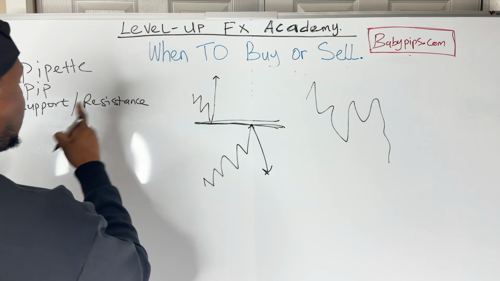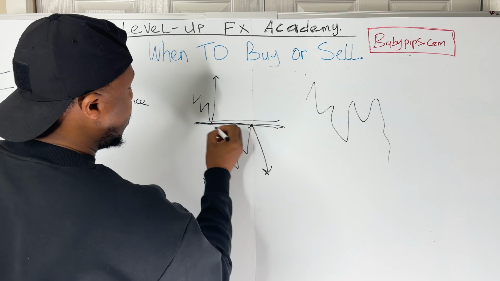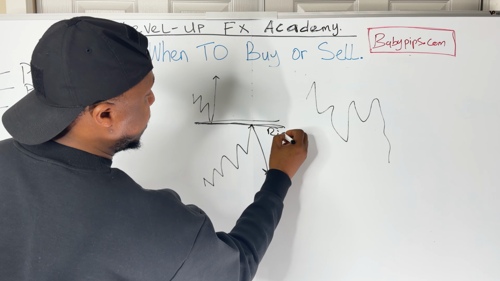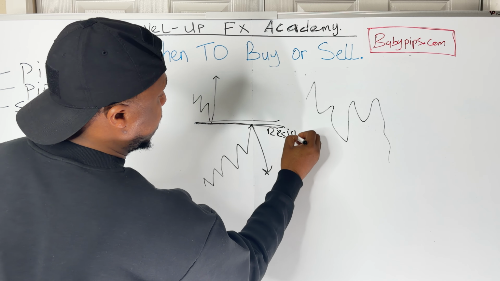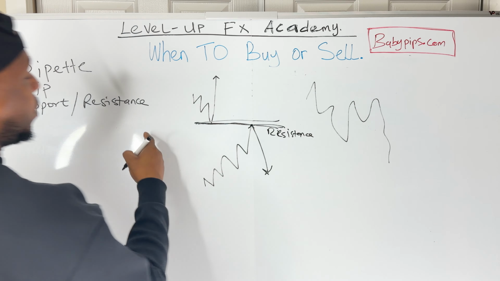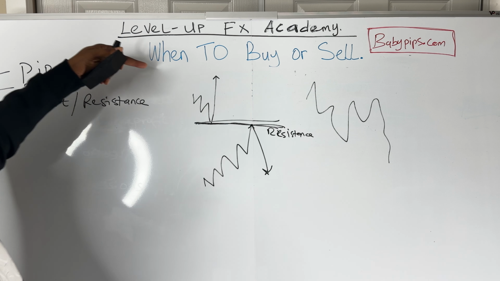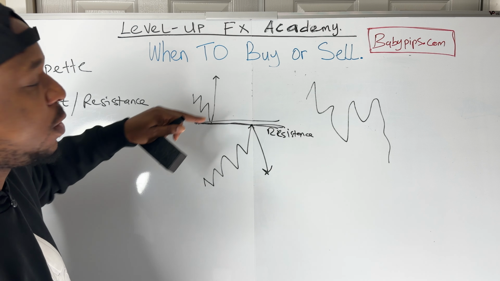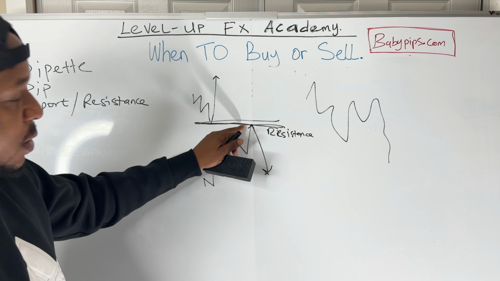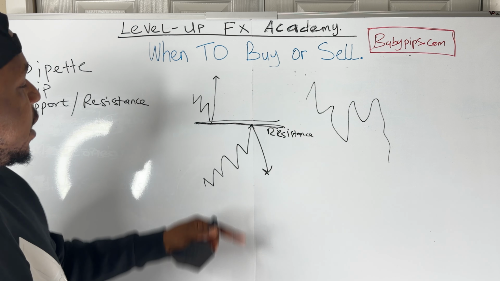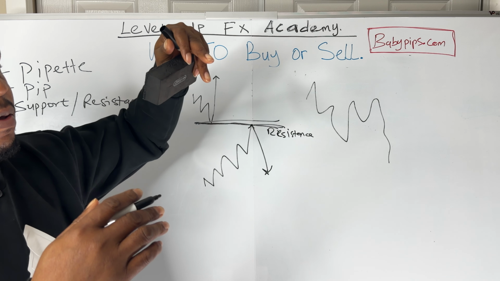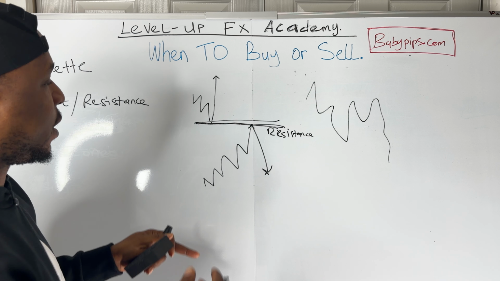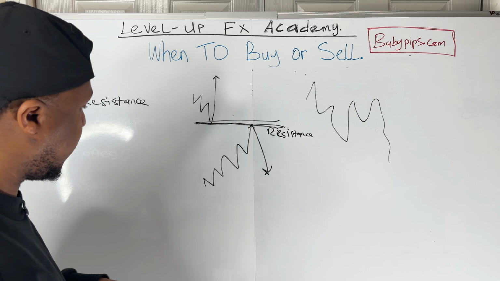That same support can also turn into a resistance. So when the market is coming down towards this zone and it boosts up, it's a support. When it's coming from below and comes up to the line, it acts as a resistance. A resistance is also like a ceiling, which doesn't allow you to grow or bust through it. So that is what a resistance is.